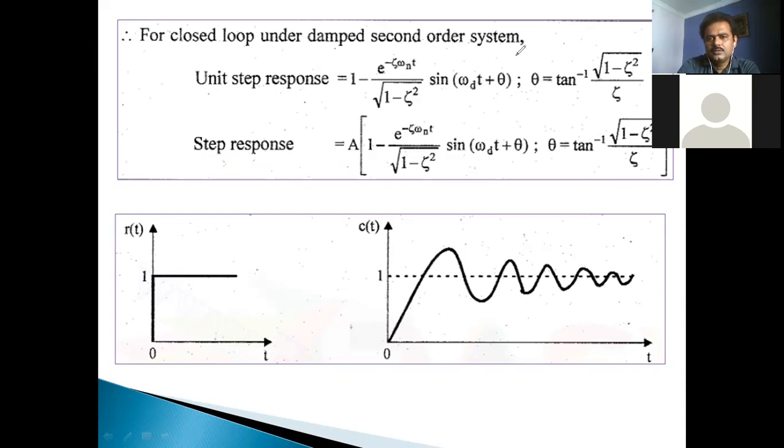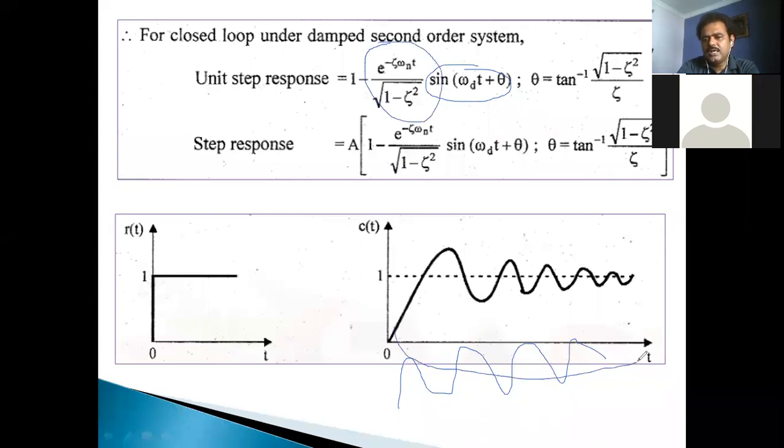Because of this sinusoidal term, sin(omega d t plus theta), if we observe, the response is an oscillatory response. The e to the power of minus zeta omega n t is an exponentially decaying function. So with the combination of these two, the response is a damped oscillatory response.